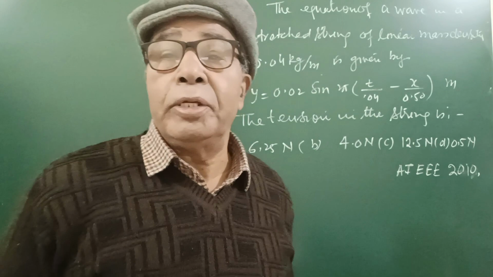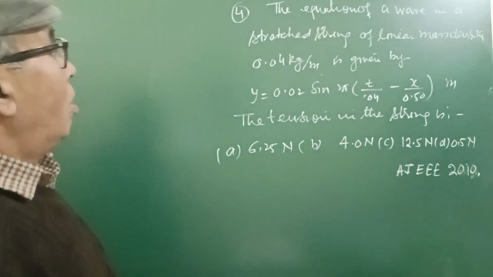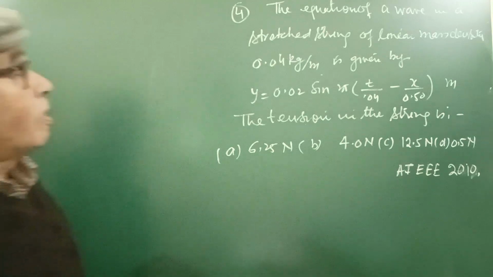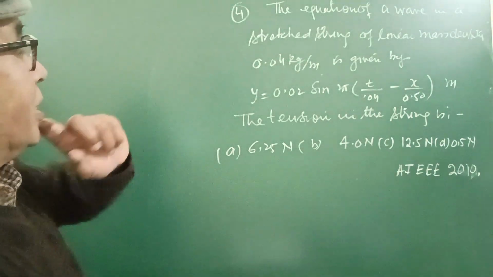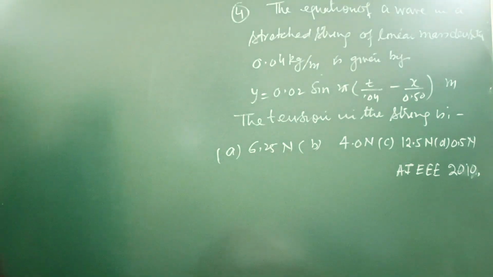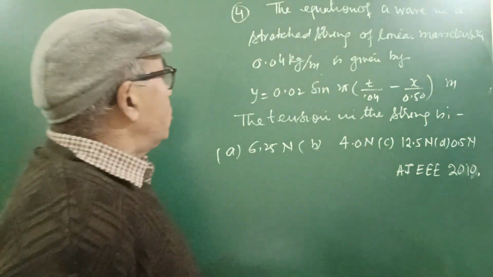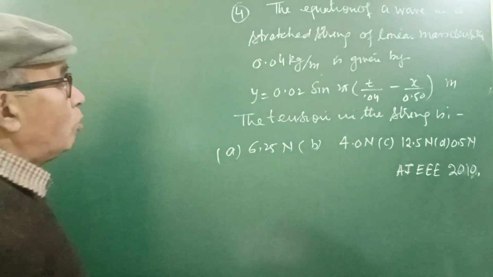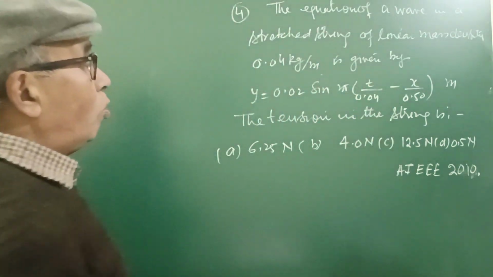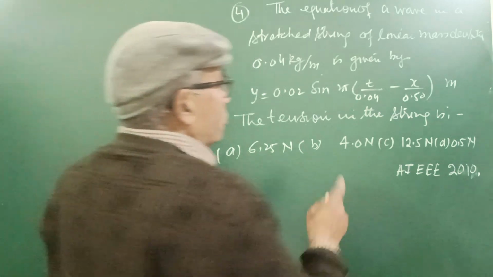Well, dear students, here is another question. The equation of a wave in a stretched string of linear mass density 0.04 kg per meter is given by y equals 0.02 sin 2 pi (t upon 0.04 minus x upon this) meter.